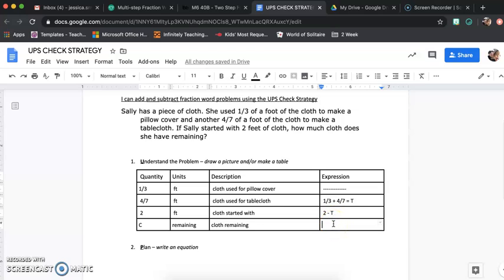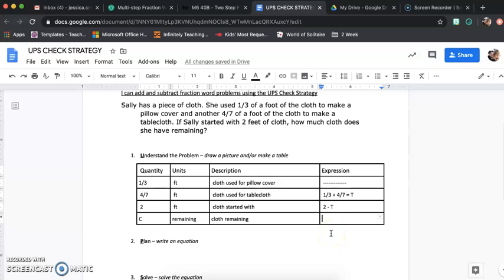You're probably doing it right now. All right, so then our entire expression to find the cloth remaining is going to be C equals, because that's what I'm looking for. We're going to say 2 minus, and I'm just going to plug in this T up here, 1/3 plus 4/7.